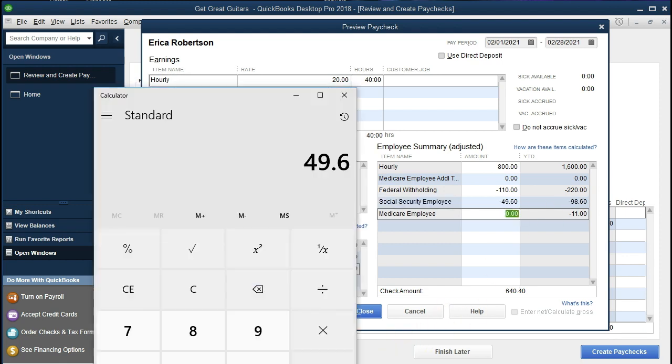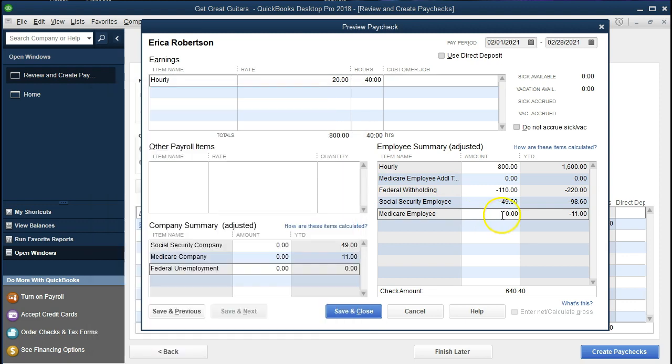And then Medicare, we'll calculate that out. Same gross pay times 1.45%, or 0.0145. And that will give us the 11.6. So we're going to say negative 11.60.